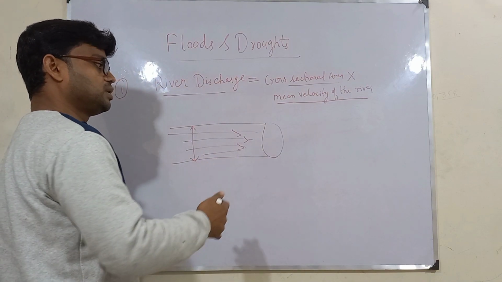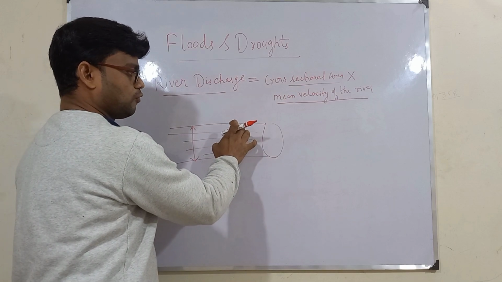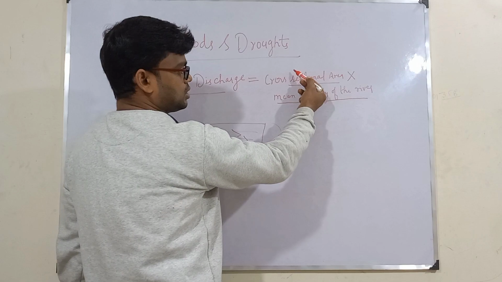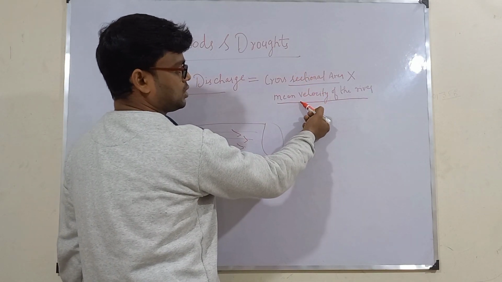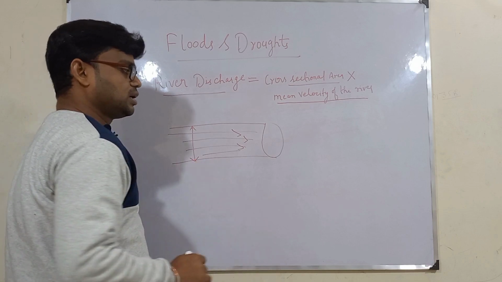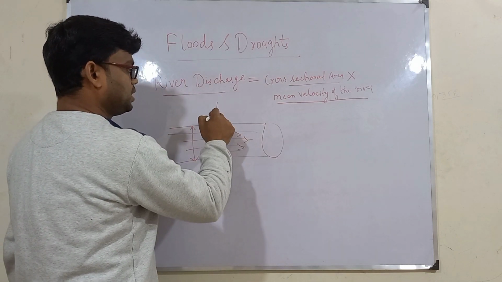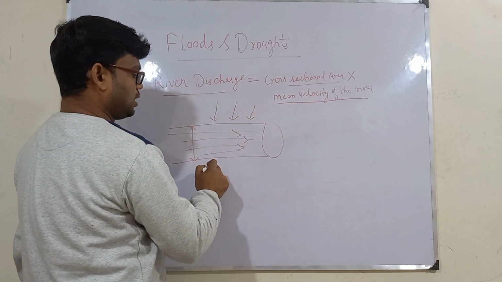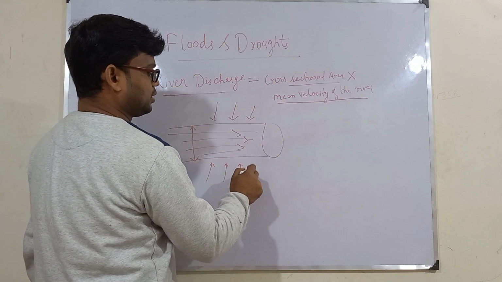What does it mean? It means the volume of water flowing through this river will increase, either due to increase in cross sectional area or due to increase in mean velocity of the river. So during rainy season, this river is accompanied by its several tributaries, means left bank tributaries and sometimes even right bank tributaries.